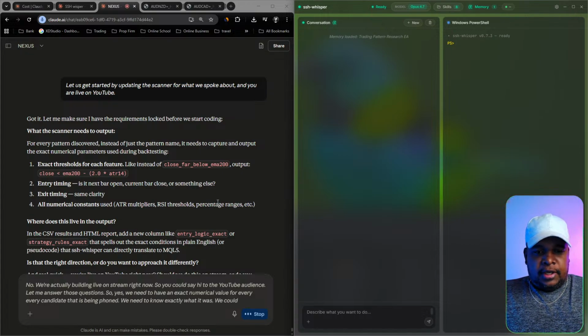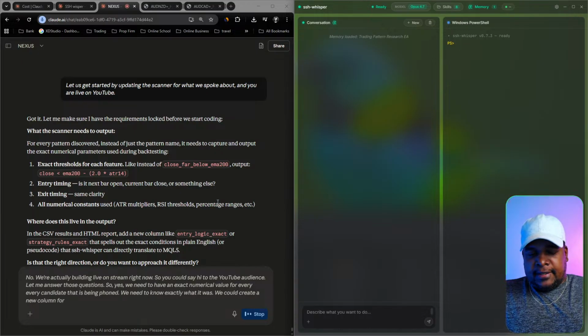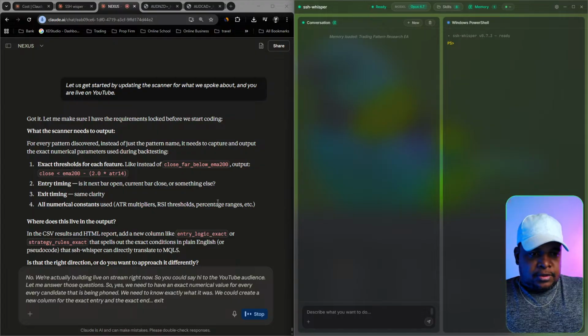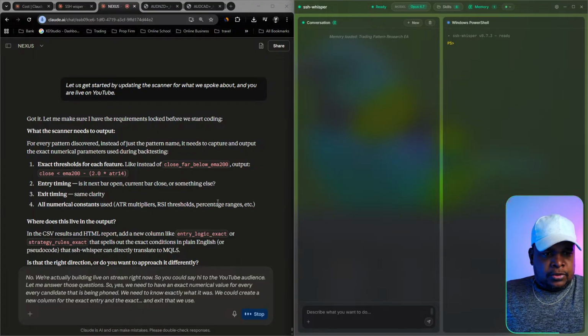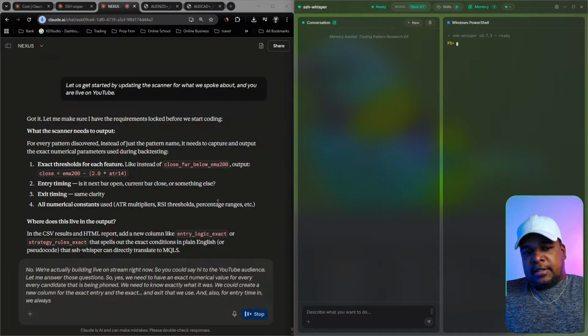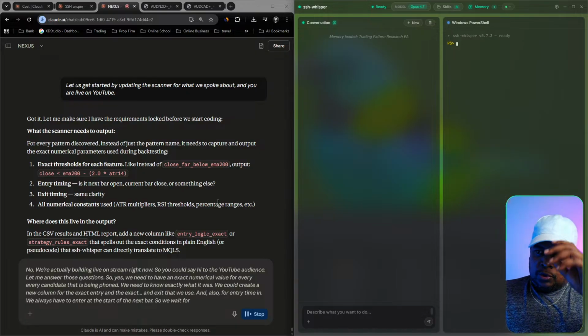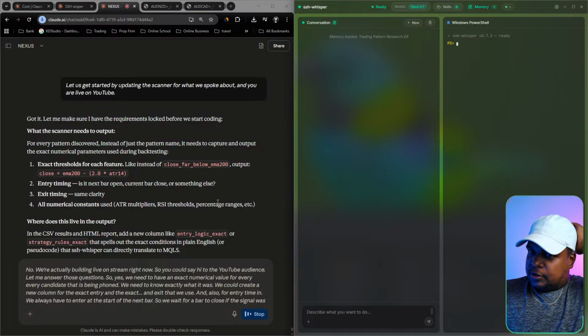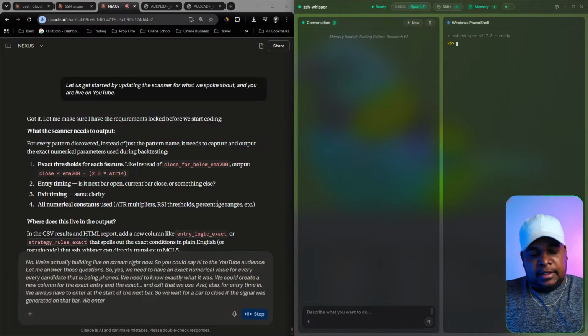We could create a new column for the exact entry and the exact exit that were used, and also for entry timing, we always have to enter at the start of the next bar. So we wait for a bar to close. If the signal was generated on that bar, we enter at the open of the following bar.